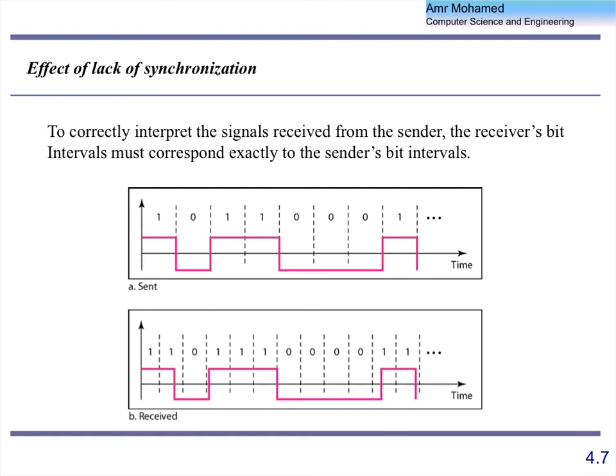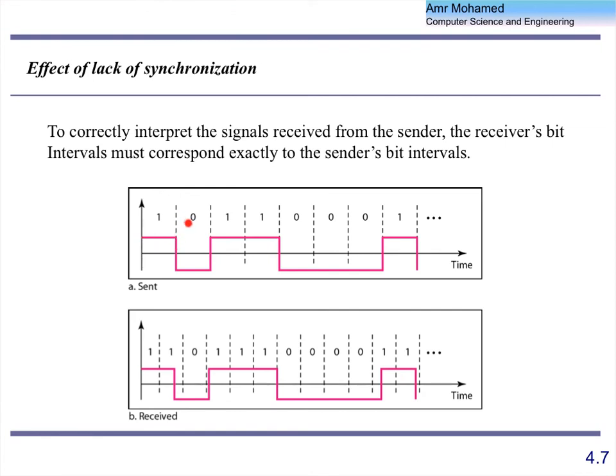So that's why some coding schemes that use fixed amplitude in one signal element are not very resistive to this synchronization problem. Why?